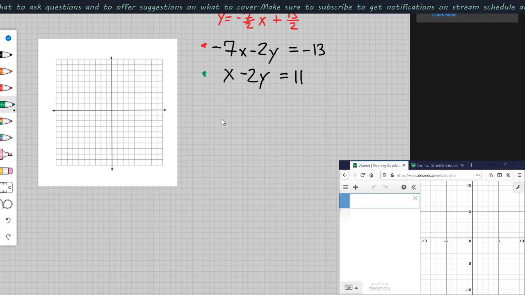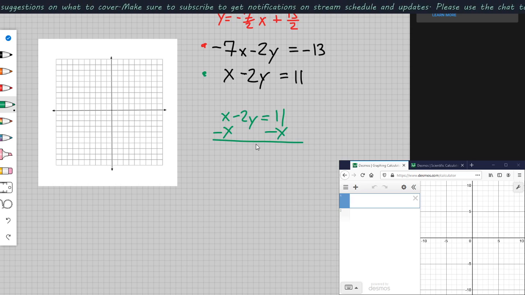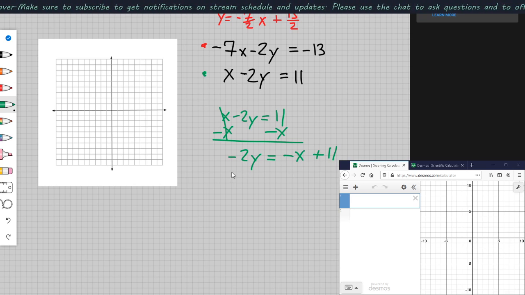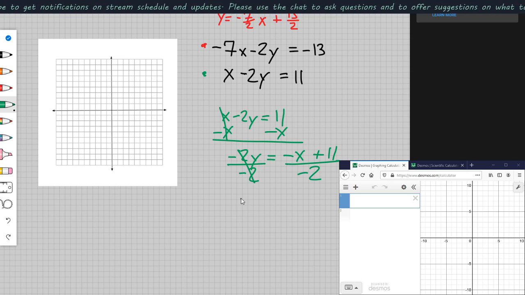So the first thing I would want to do for x minus 2y equals 11 is subtract the x over. So these cancel. I'm left with negative 2y equals negative x plus 11, divided by negative 2 on both sides. Negative 2s cancel, and I would have y equals x over 2, since it's a double negative, so they cancel out, minus 11 over 2.